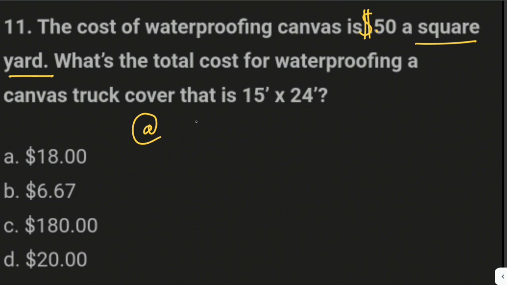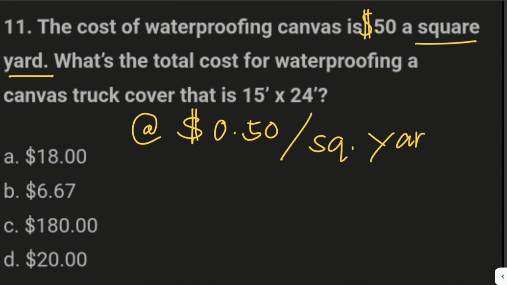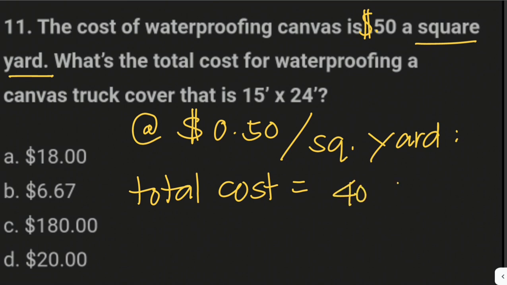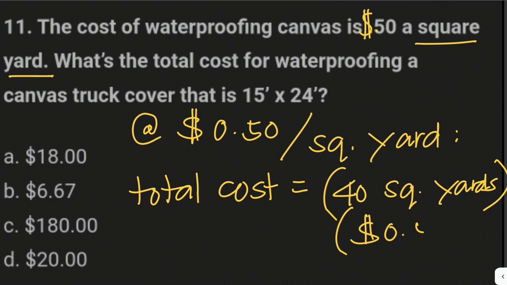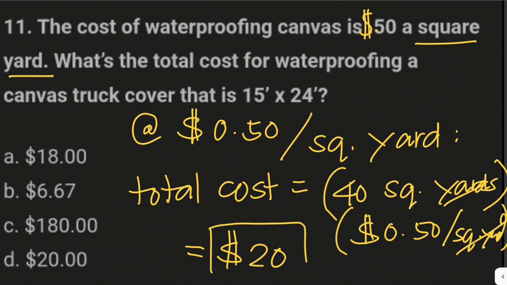So at $0.5 per square yard, the total cost would be equal to 40 square yards times $0.5 per square yard. So the total cost would be equal to $20. So the answer here is letter D.